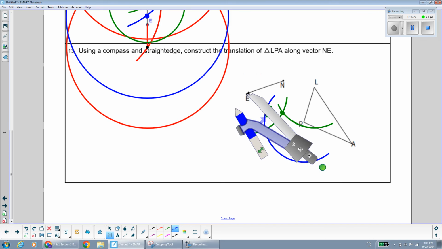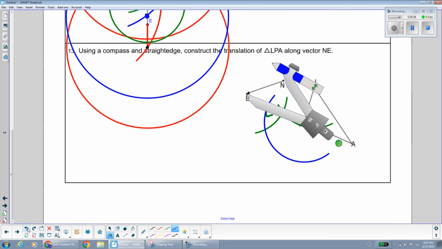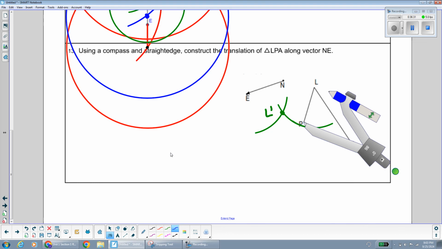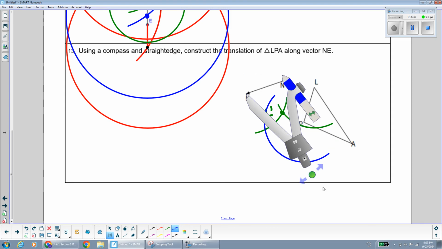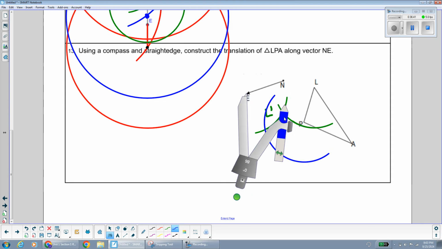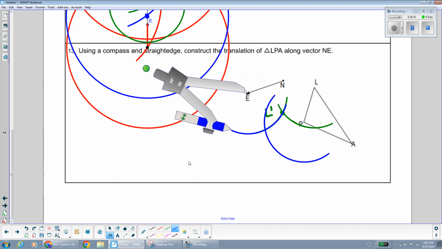Over to E. Oops, oh no, that wasn't good. Okay, try that again. Back over to E. Once again, I'm tired of making all these circles, so I'm just making parts of circles. And that's where P prime should go, the same distance as NE in a slanted direction, in the same direction.